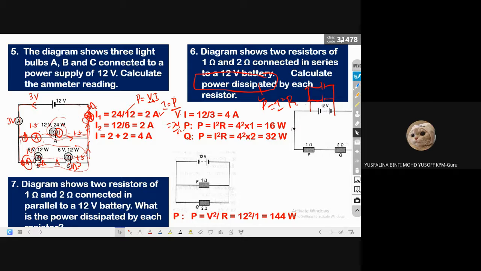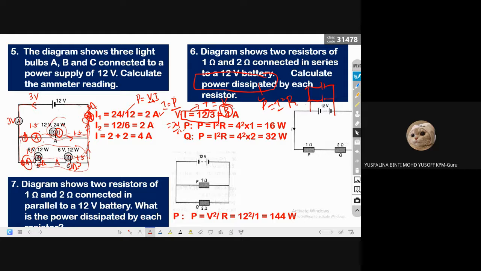So I is equals to P over V. Then you can use I is equals to V over R, for this formula.